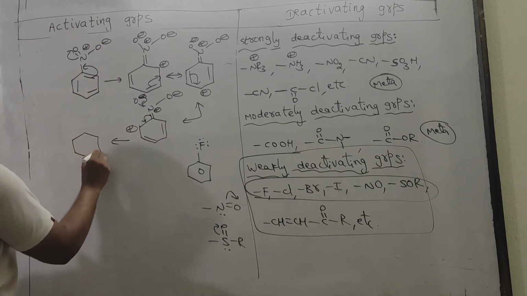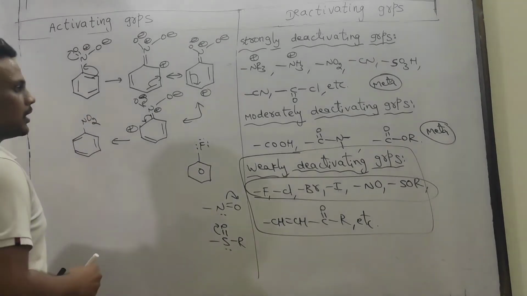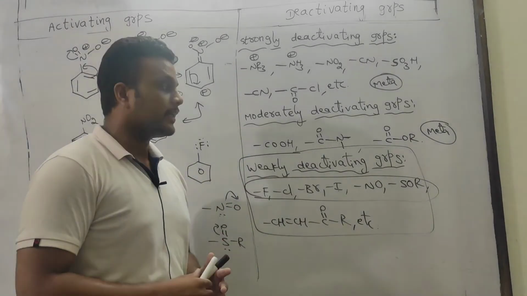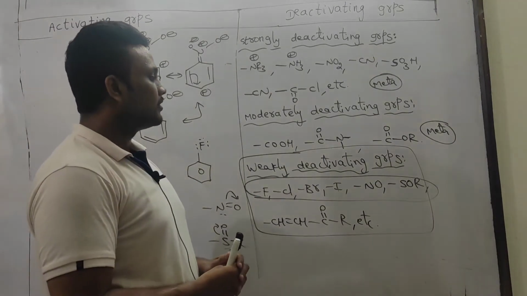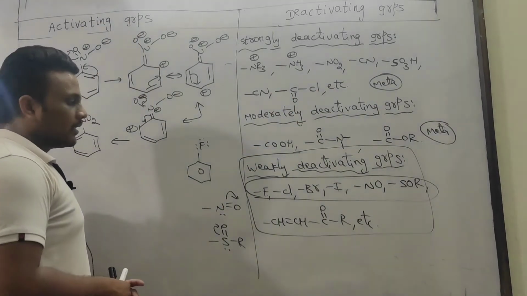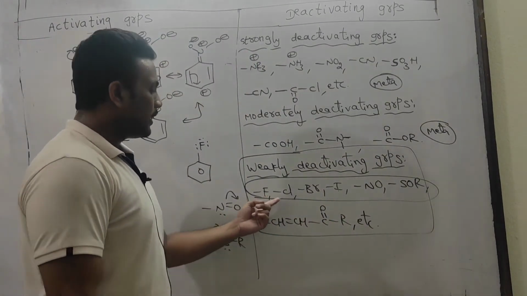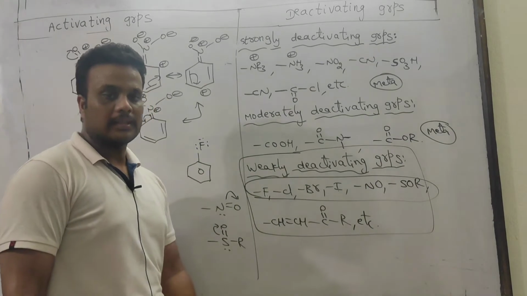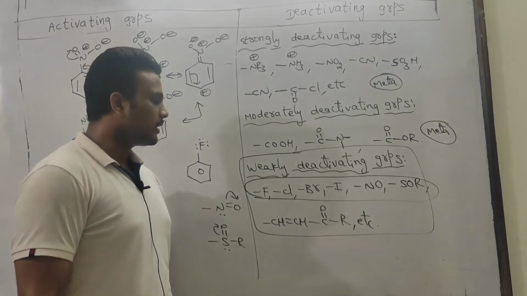It means electron density decreases at ortho and para positions if any minus R group is attached. That's why minus R groups no doubt decrease the electron density. These are all minus R groups, decrease electron density. And these are plus R groups, but because of their high electronegativity, halogens decrease electron density in the benzene ring. I mean minus I effect dominates plus R effect.